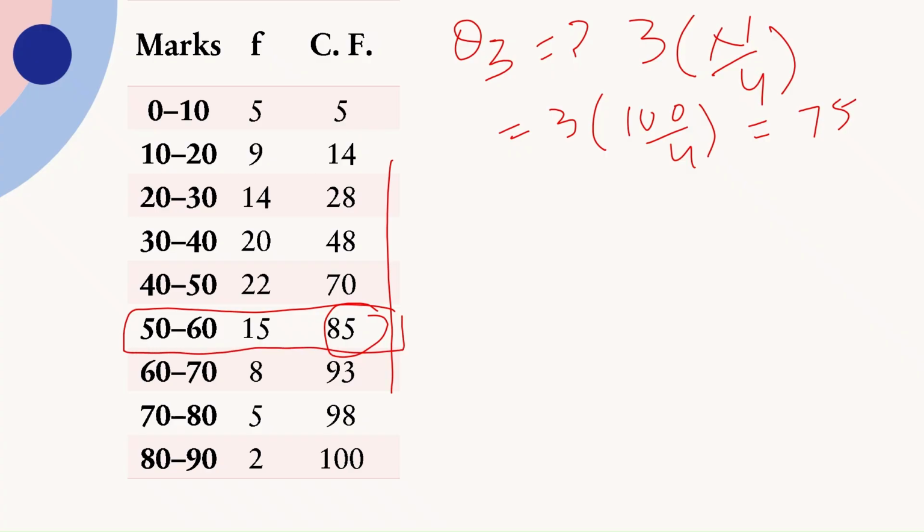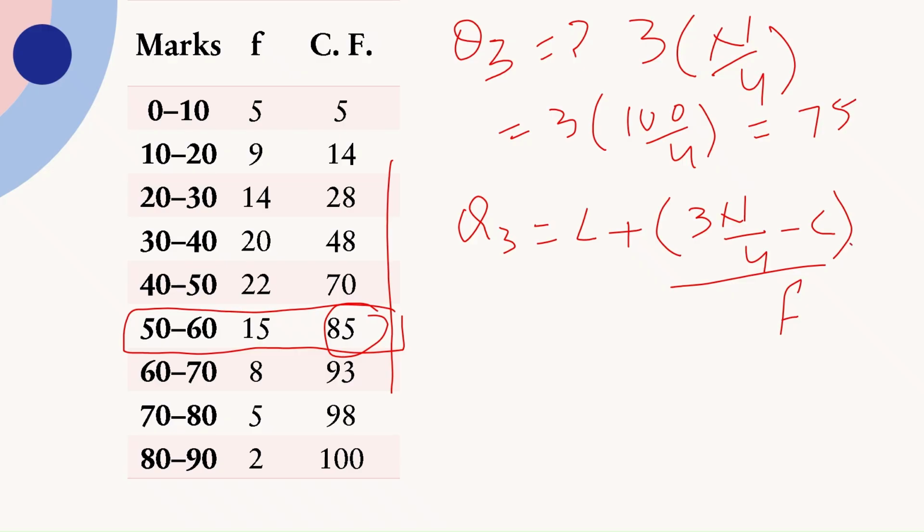Now use the formula for Q3. The formula is L plus 3 times n by 4 minus C, divided by F, into H. So L is the lower limit of the selected class.